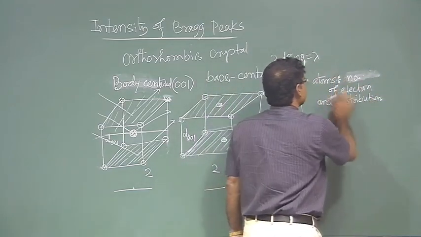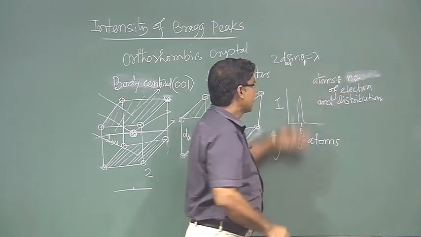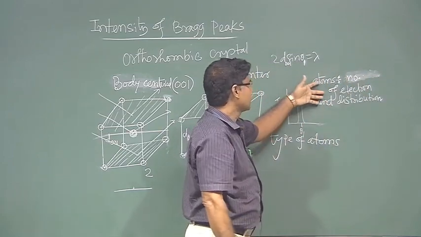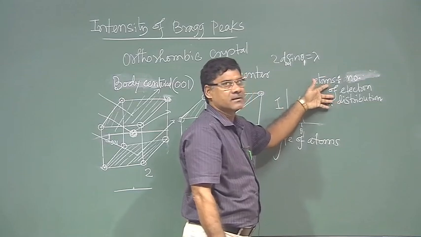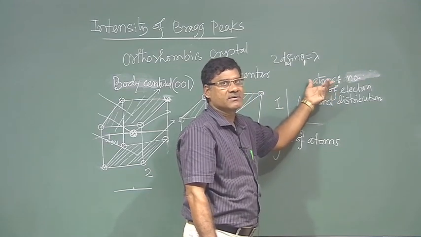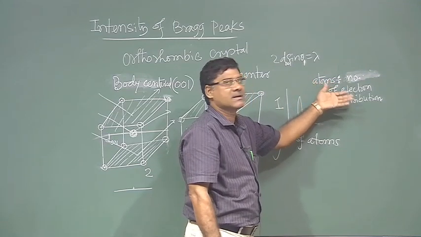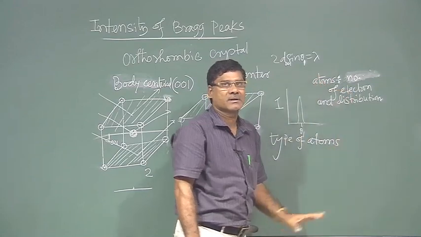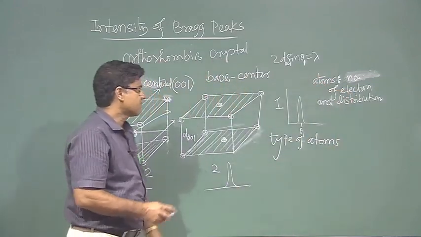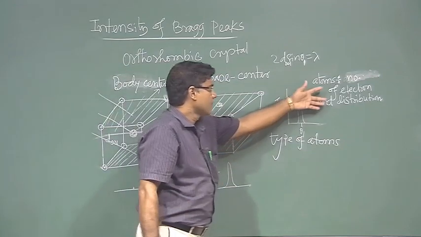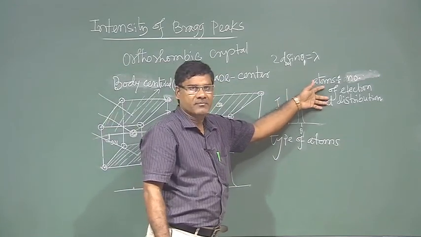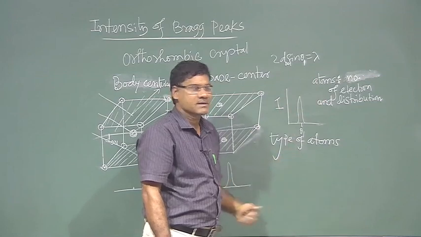Okay. So, a different type of basis means their atoms are different. So, the number of electrons and distribution of electrons in different atoms are different. So, intensity will vary because of this.